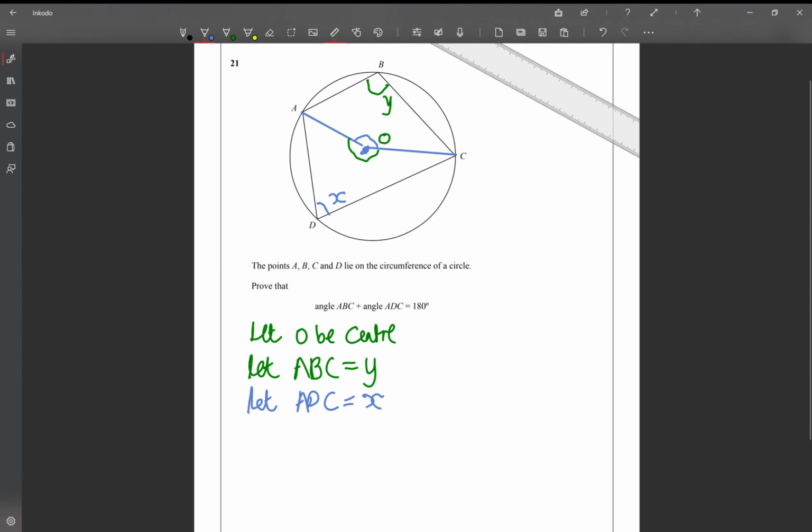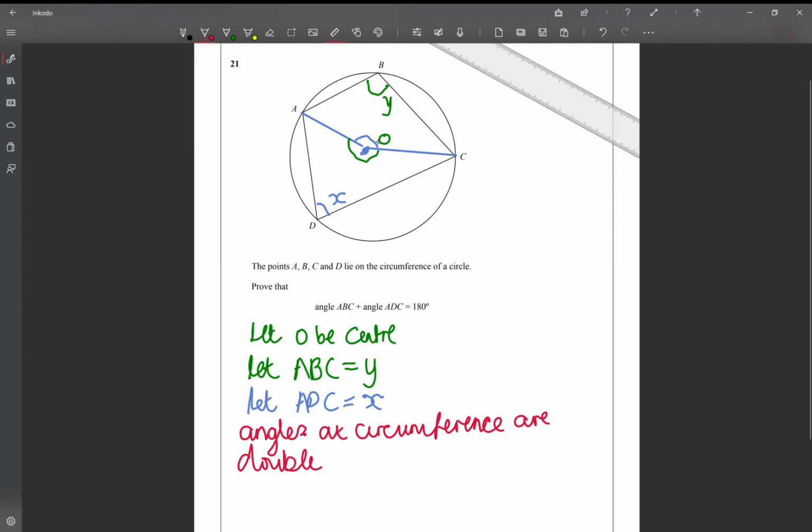And then you can write: angles at circumference are doubled angles at centre.